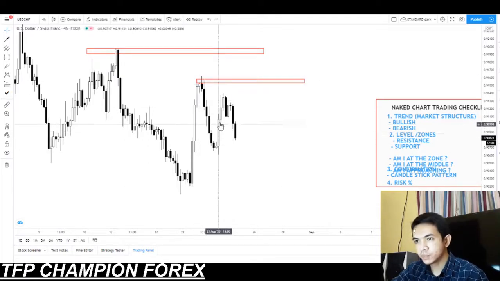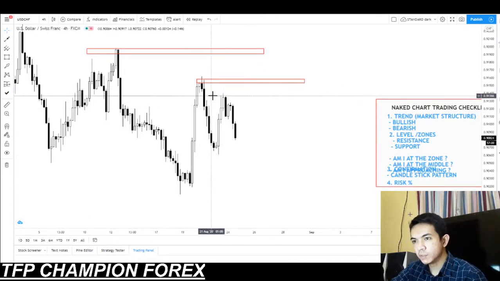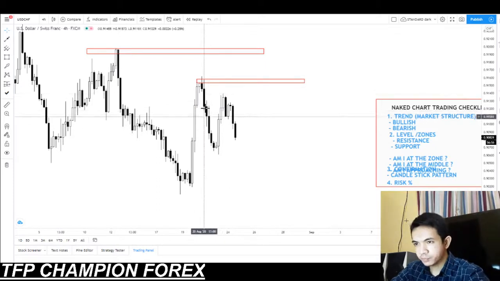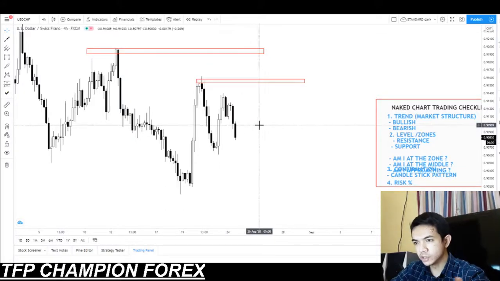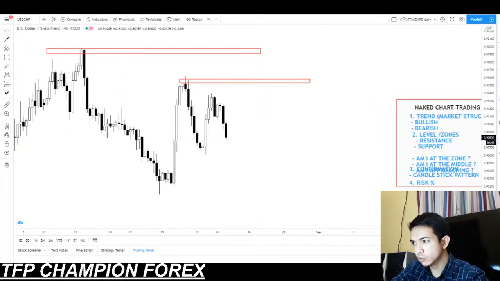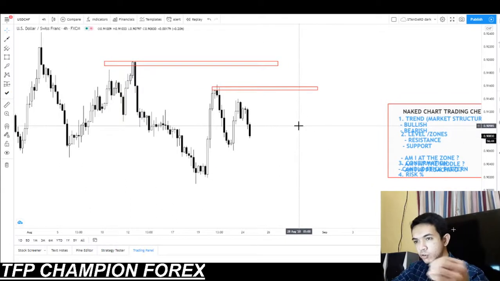However, at this point as well, the price created a lower high. So this means the price is still in a state of indecision or consolidation, because we still don't know yet. There's no real indication that the price will move strongly upward or downward.